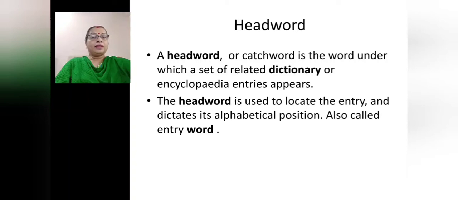Next we have headword. A headword or catchword is the word under which a set of related dictionary or encyclopedia entries appears. The headword is used to locate the entry and dictates its alphabetical position, also called entry word.